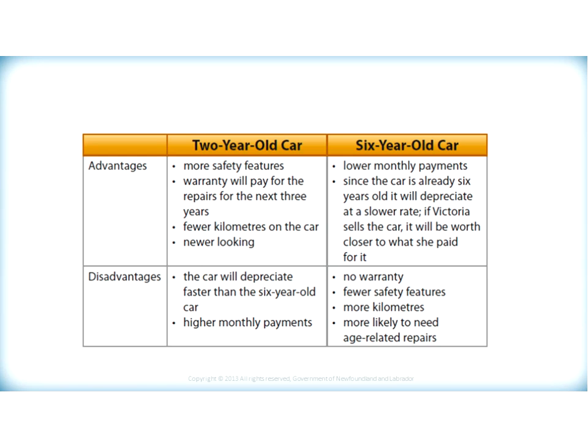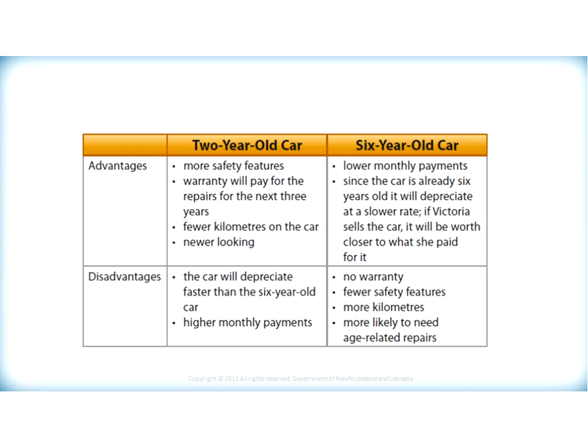And of course, the 2-year-old car is going to be newer looking. So if you want your car to look good, you're probably going to go with a newer car. Some of the disadvantages of this 2-year-old car, though, is that it will depreciate faster than the 6-year-old car. That means the value in the car will go down more. And of course, there are higher monthly payments because it's a more expensive car.